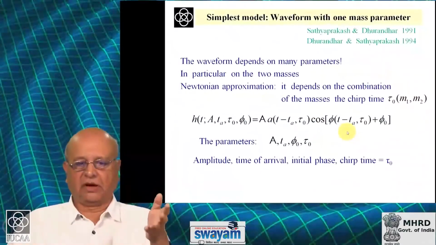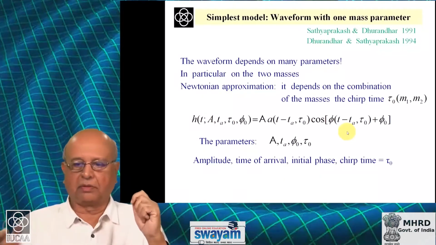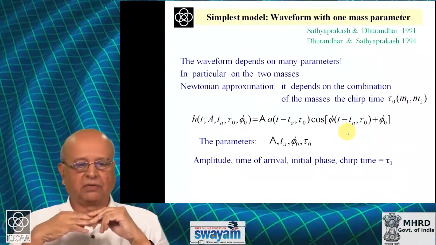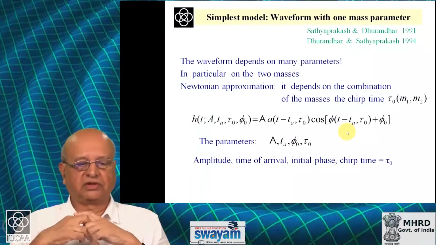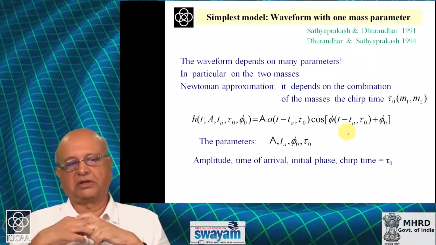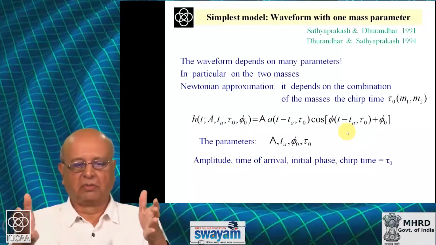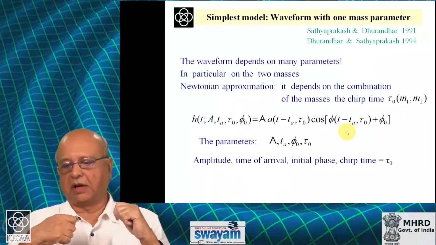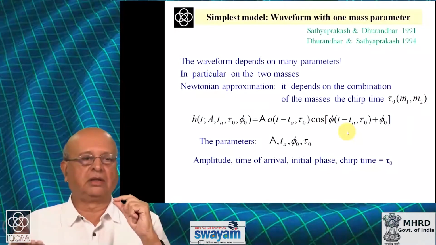So, the simplest model is a waveform with one mass parameter, and this was one of the papers of 1991 and 1994. The waveform depends on many parameters, in particular on the two masses. In the Newtonian approximation, it depends only on a combination of the masses. This is the simplest possible waveform. The chirp time, tau naught m1 m2, is a more convenient thing to take than the mass.